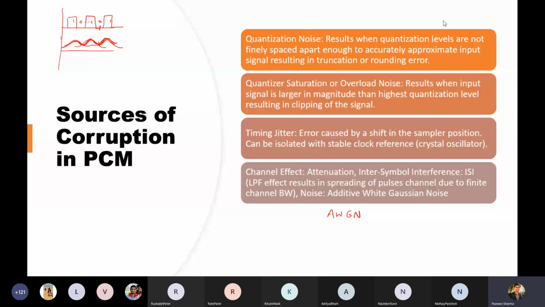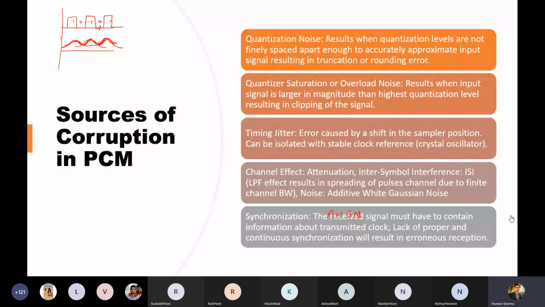And then there is synchronization. Because we are sampling at a particular rate, we are using some crystal oscillator. So at the transmitter, whatever frequency you are using, the same frequency you have to use at the receiving side. Otherwise, there will be a problem of non-synchronization. So the received signal must contain information about the transmitted clock.